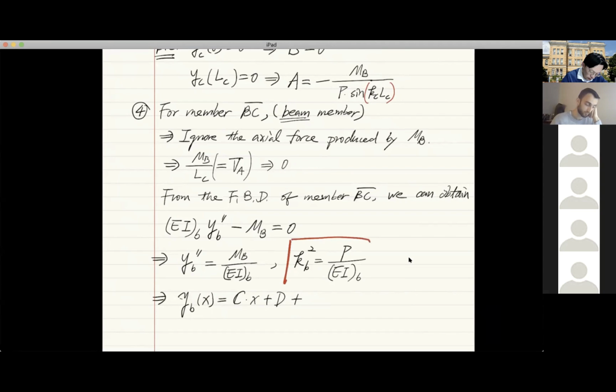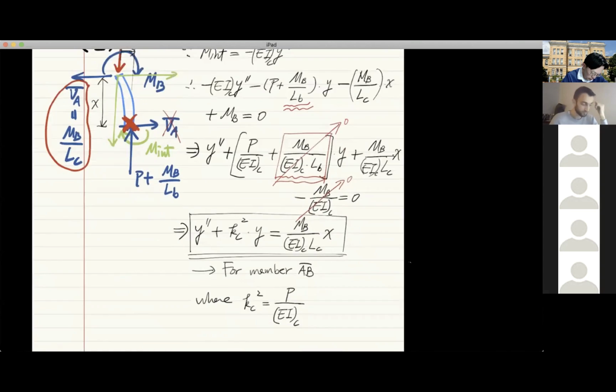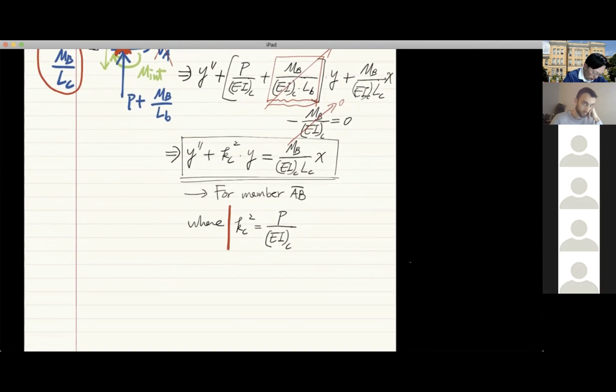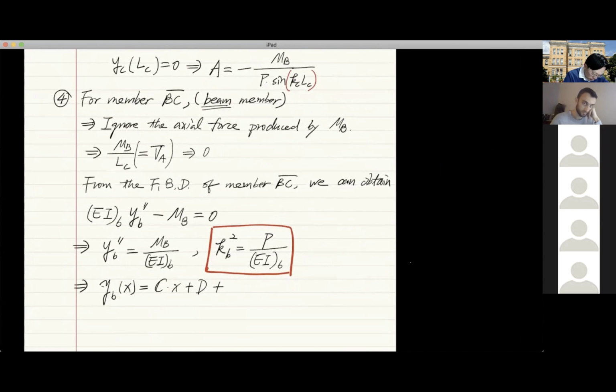This is different from the one we defined before, which is here. The key is just the association of the subscripts. This one is C, and this one is B.